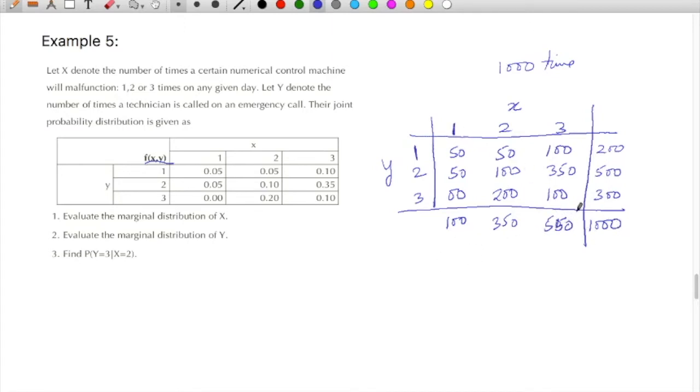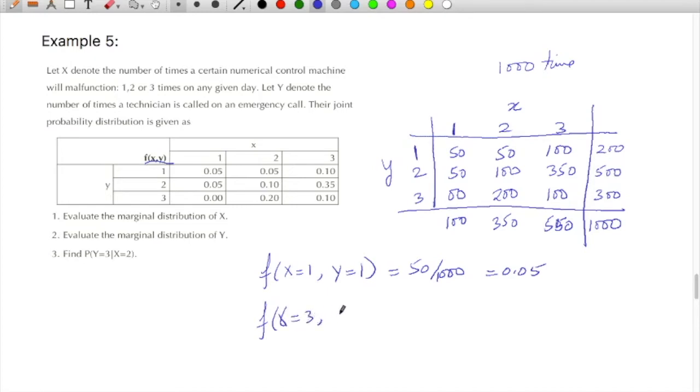When you divide this 50 by 1000, you get the probability of f(x equal to 1 and y equal to 1), as 50 by 1000, which gives you 0.05.